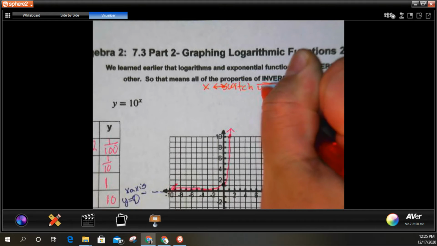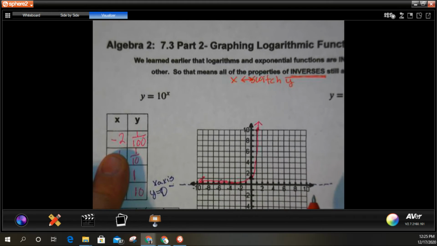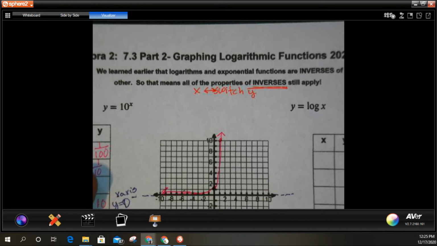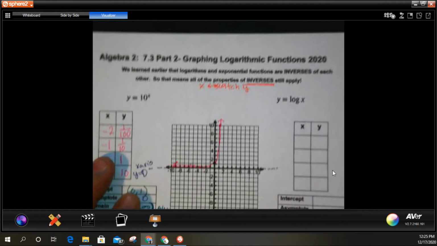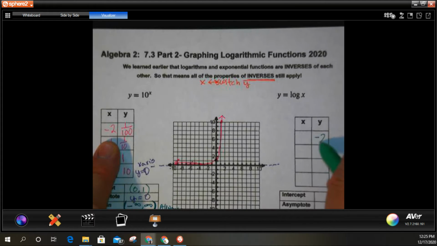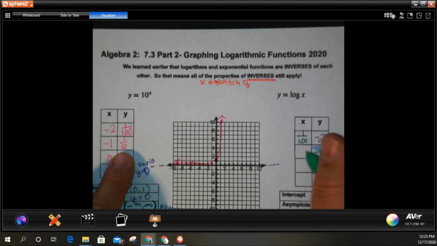So here's my x's for my exponential function becoming my y's. So I have -2, -1, 0, and 1. And my y's become my x's for the inverse: 1 over 100, 1 over 10, 1, and then 10.